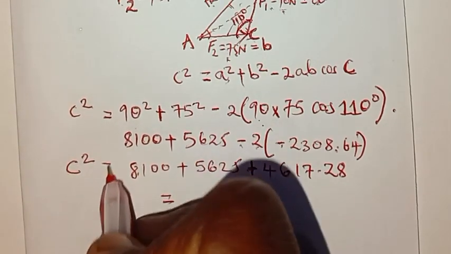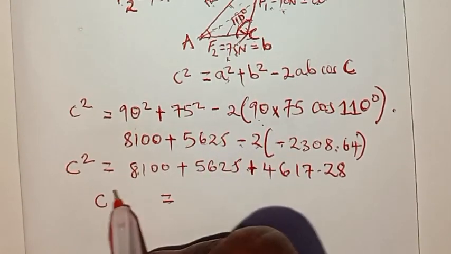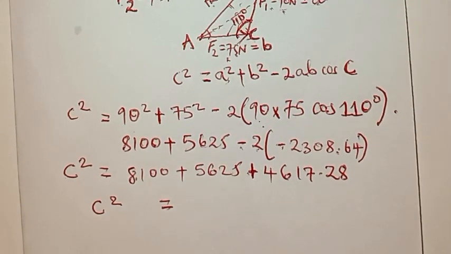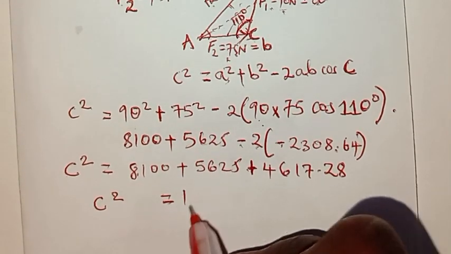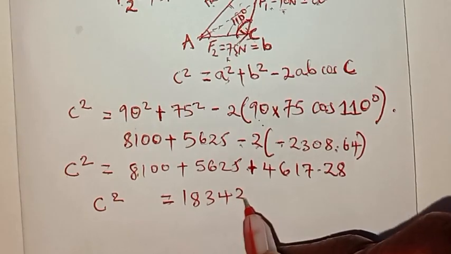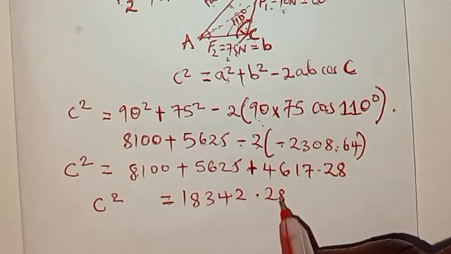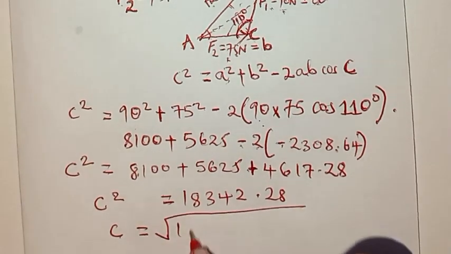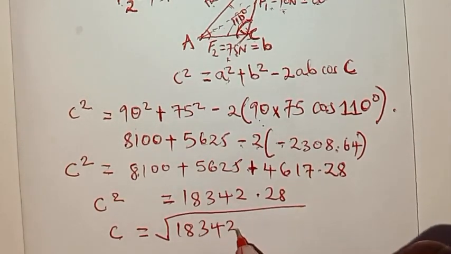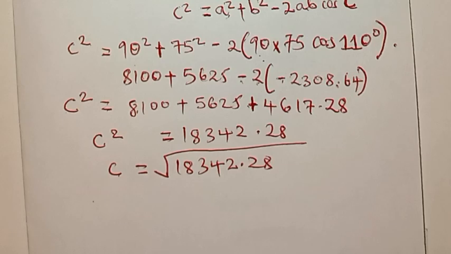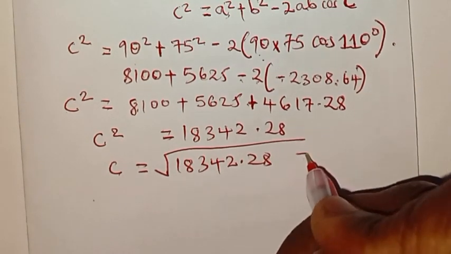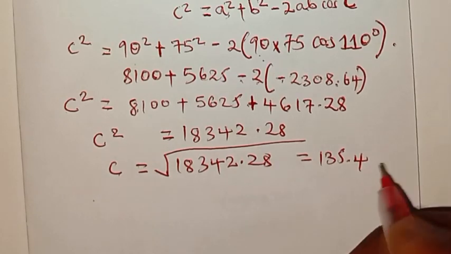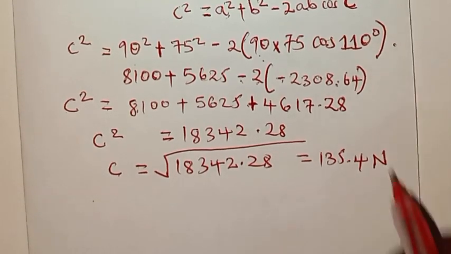Therefore C squared equals the addition of all these, which gives us 18342.28. Then C equals the square root of 18342.28, which is equal to 135.4 newtons.